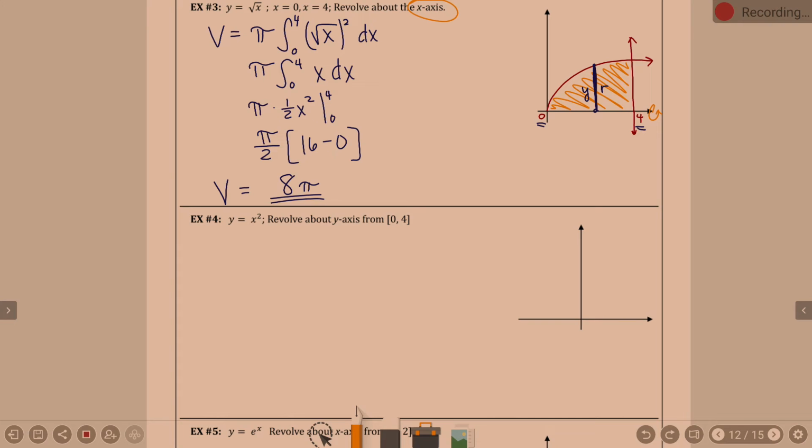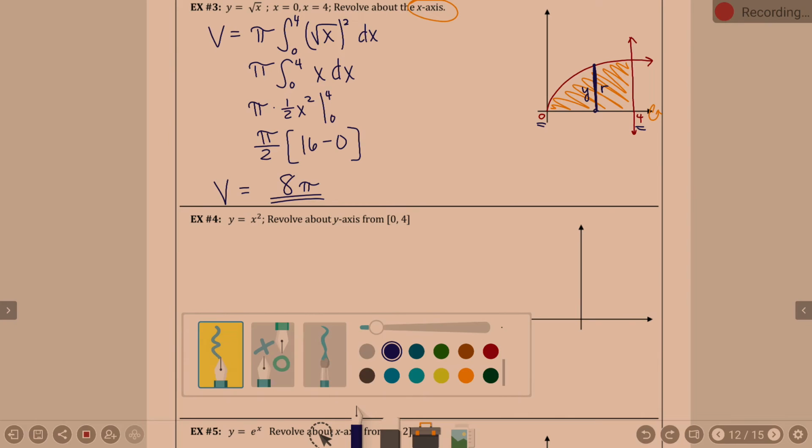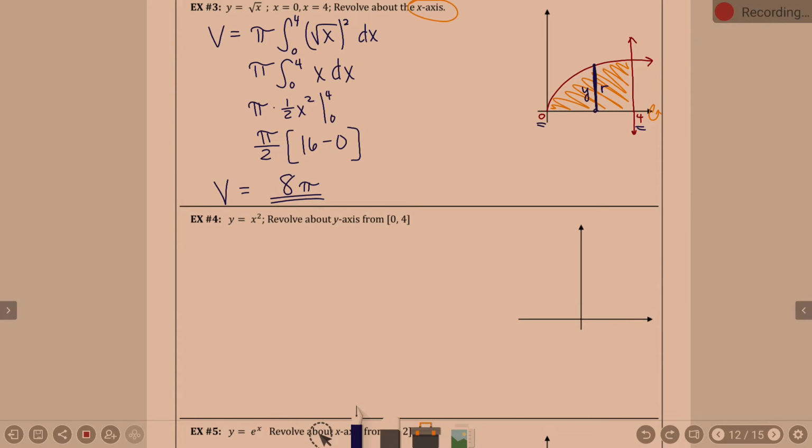Number 4. Y equals x squared, revolve about the y-axis from 0 to 4. So what's y equals x squared? Parabola. Well, okay.